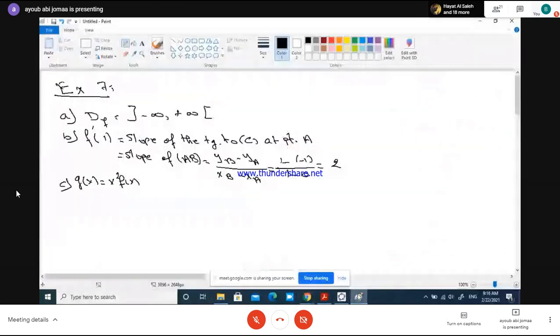So it is equal to x squared times f of x. Then, look here, it is under the form of u times v. Then u prime is 2x, and v prime, which is the derivative of f of x, is f prime of x.